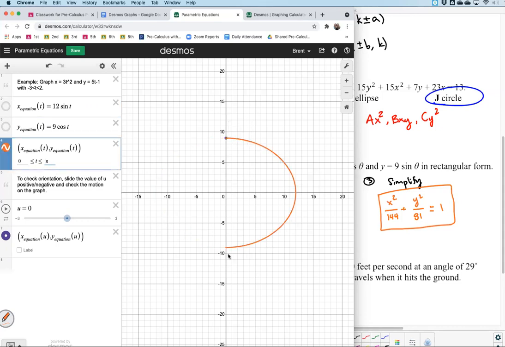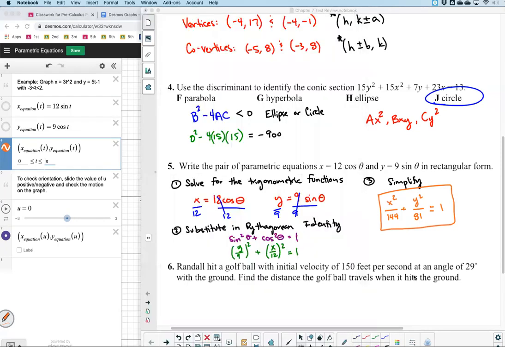It starts here and goes this way, as opposed to starting on the positive x-axis and going counterclockwise. You start on the y-axis and you go clockwise because you took the inverse, is really what you did. You swapped your domain and range values, your sine and cosine. And so instead of starting on the x-axis, you start on the y. Instead of moving counterclockwise, you move clockwise. So that's how that works.